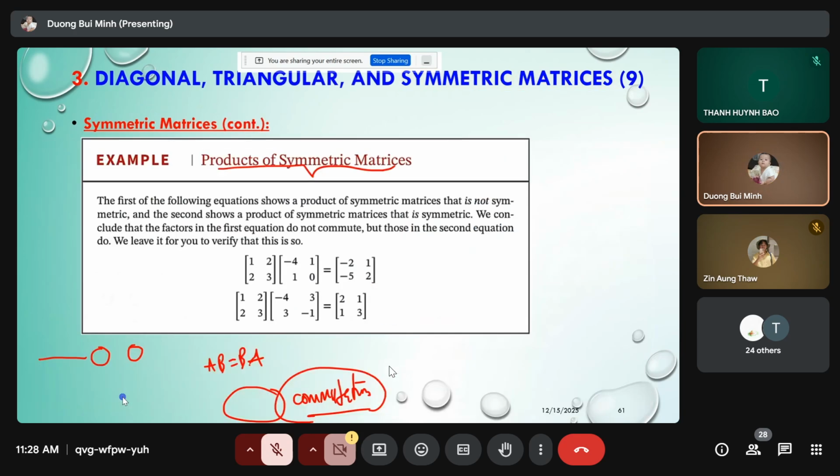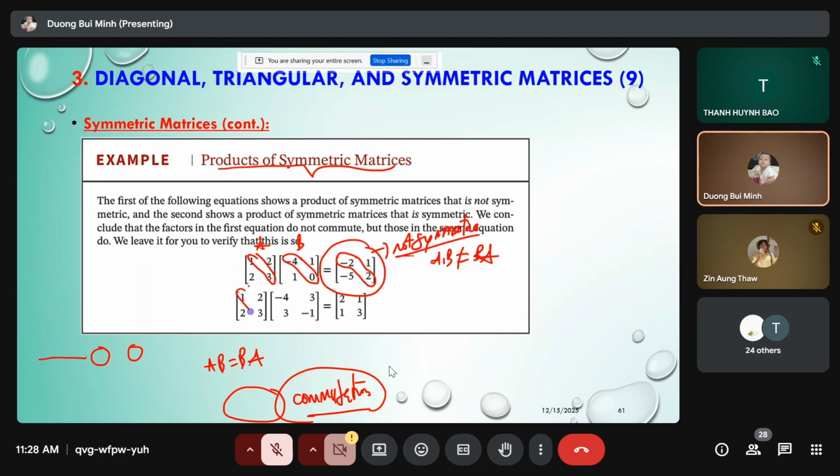Now look. This is diagonal, so this is symmetric. This is diagonal, so this is symmetric. We have A, and this is B. A times B, you can get this one, but this one is not symmetric. Why? Because A times B is different from B times A. So the result is not a symmetric matrix.